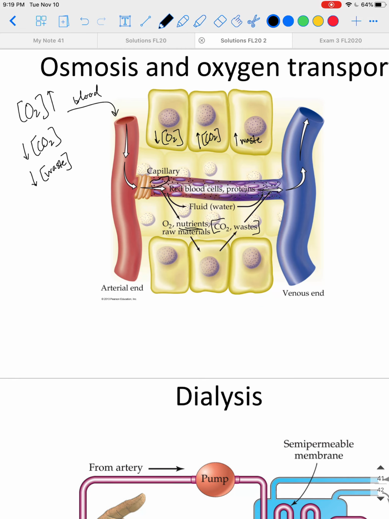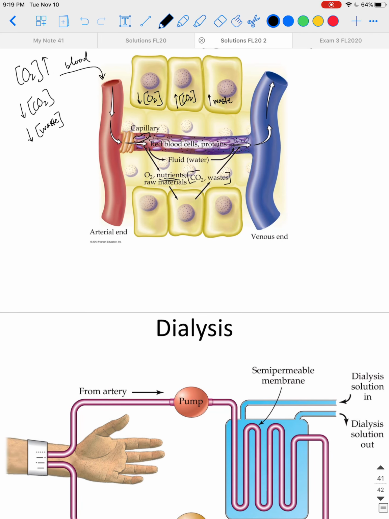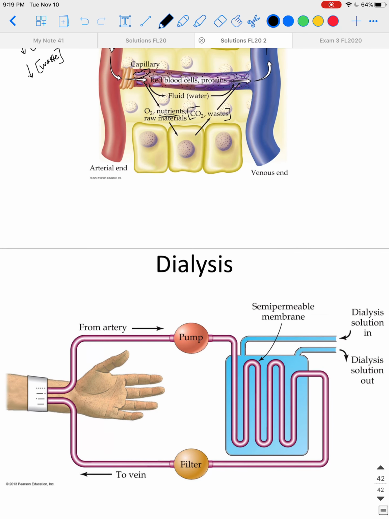You would talk about the high concentrations and low concentrations of the oxygen and the CO2, and how that relates to the cells, and how that sets up a gradient, and how oxygen moves from an area of high concentration to low concentration in the cells, and how CO2 moves from an area of high concentration in the cells to the blood where it's low in concentration, so that our body can expel it. All right.